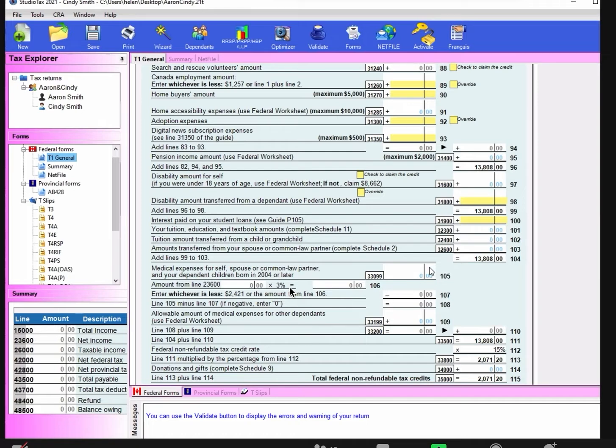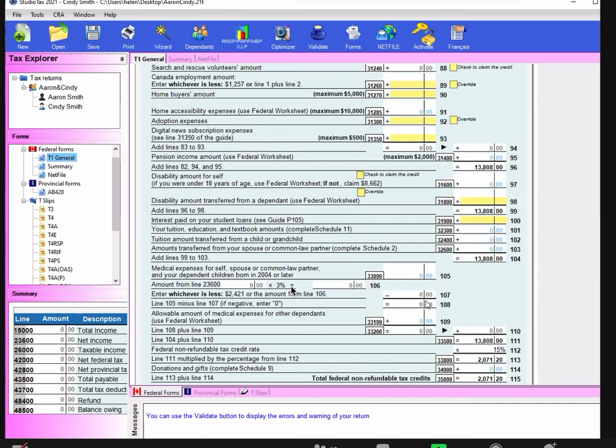So the medical expenses, they subtract something. What they subtract is line 106, which is an amount from line 23600. 23600 is net income. So the net income times 3% is line 106.